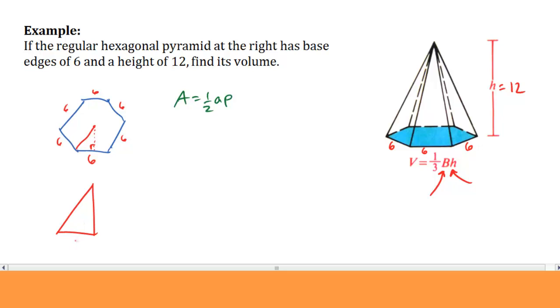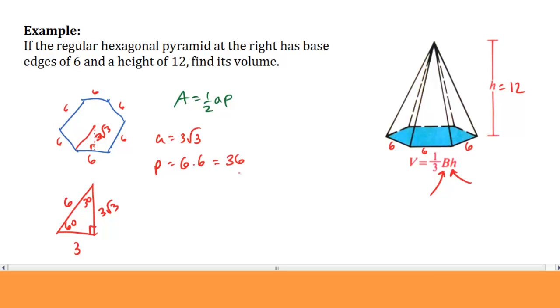There's a 30-degree angle, there's a 60-degree angle, so that side is 3 radical 3, and that side is 6. So the apothem is right there, it's 3 radical 3. What's the perimeter? Well, one side is 6, there are 6 of them. 6 times 6 is 36. There are 6 sides because it's a hexagon.